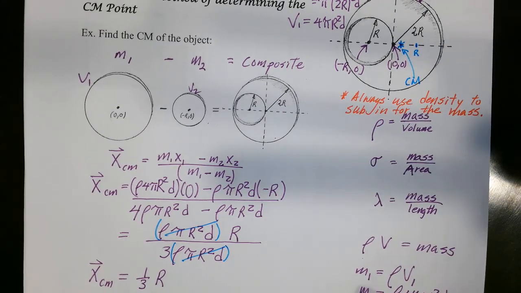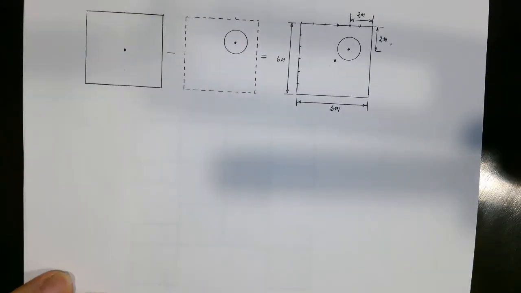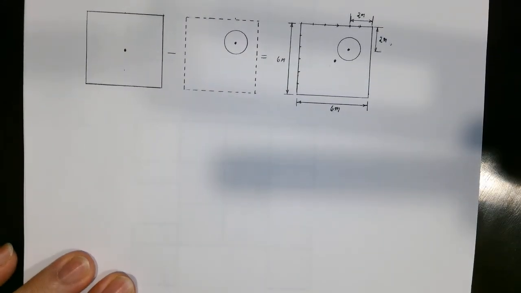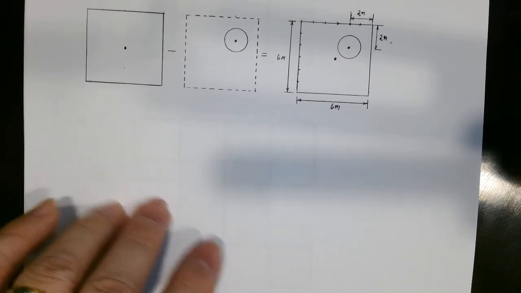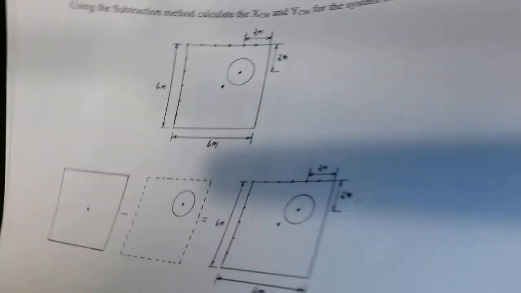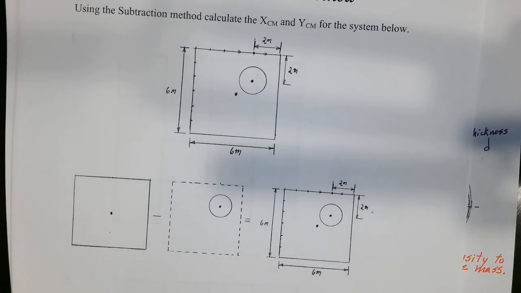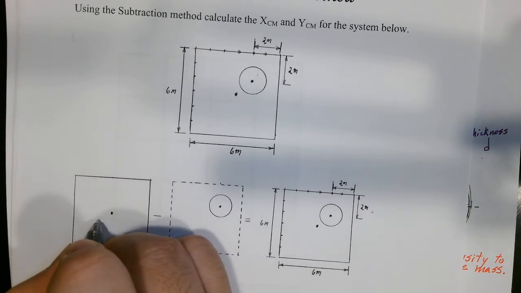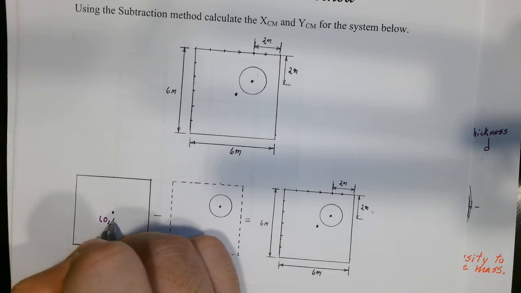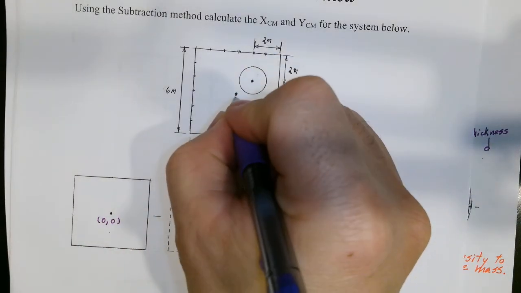Now that I showed you that, let's see if we can do the next page. See if you can try this. Now, I'm going to say make this origin or reference point 0, 0 right here.